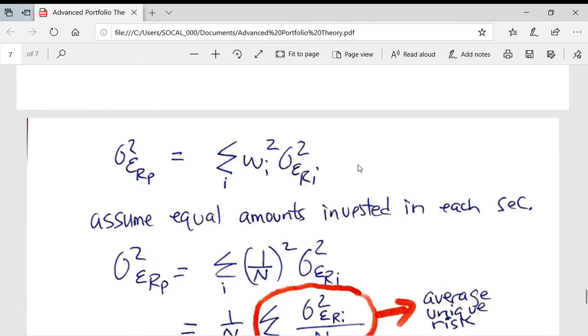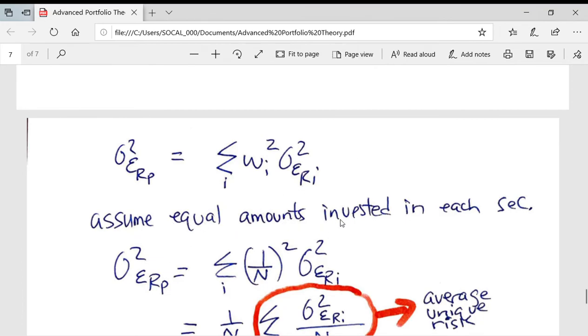And again, there are no covariance terms here for reasons explained a couple moments ago. So this is the variance of the portfolio's error term, and it's decomposed this way into the variances of the error terms for the individual securities, with no covariance terms, okay? And this is a familiar formula. We've seen this before in our earlier studies of portfolio theory.